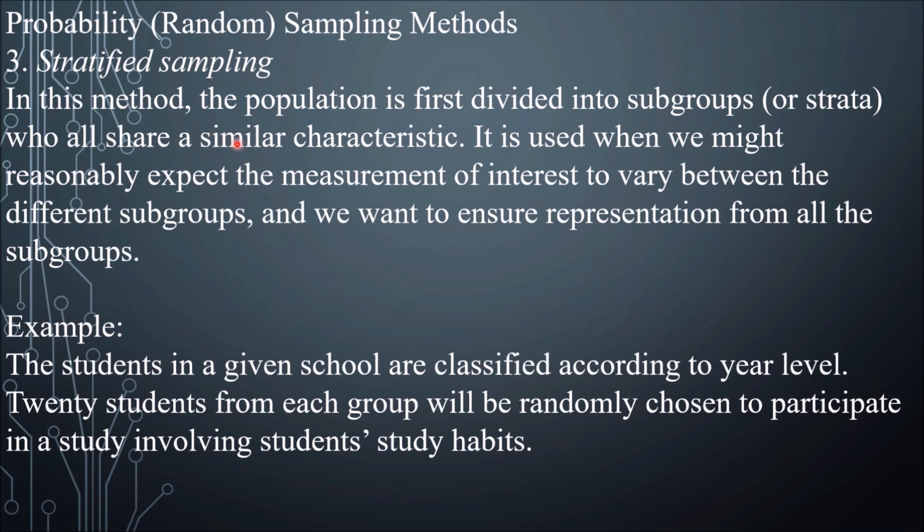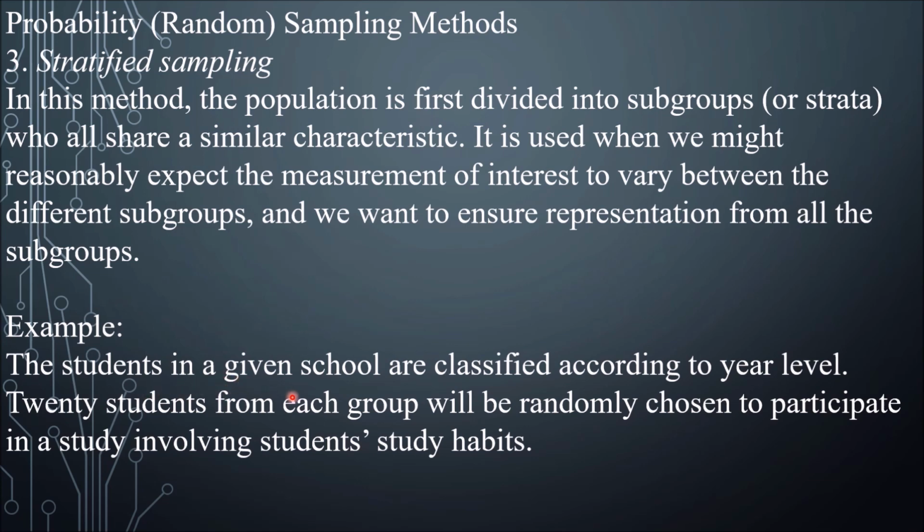Number 3, stratified sampling. In this method, the population is first divided into subgroups called strata, which all share a similar characteristic. It is used when we might reasonably expect the measurement of interest to vary between the different subgroups, and we want to ensure representation from all the groups.